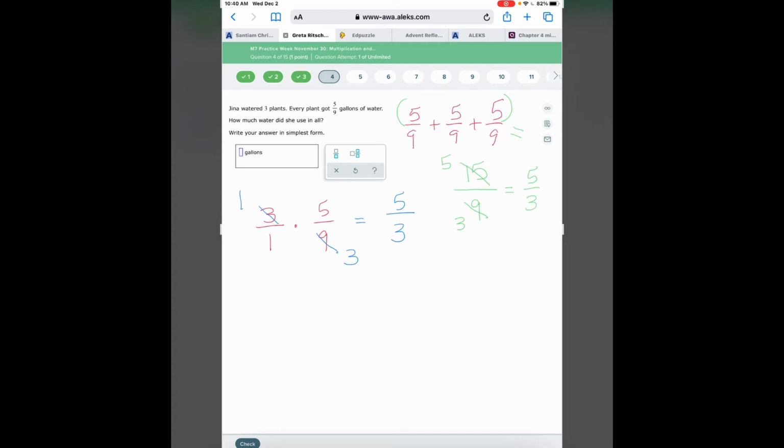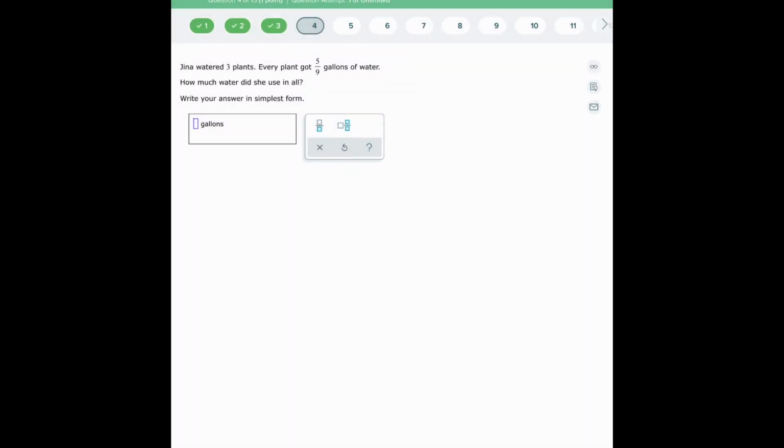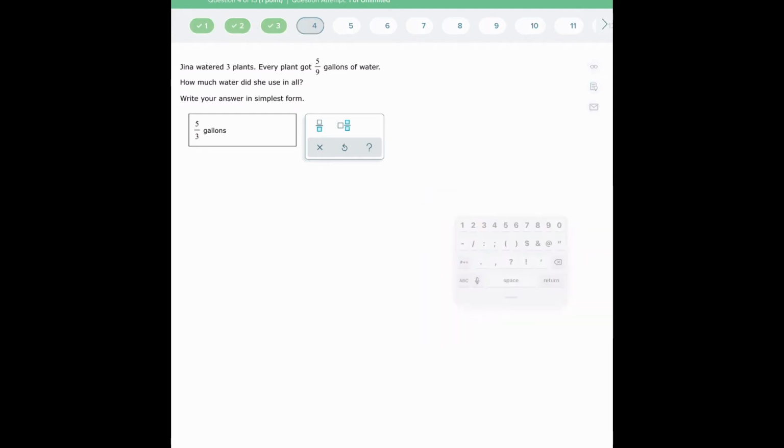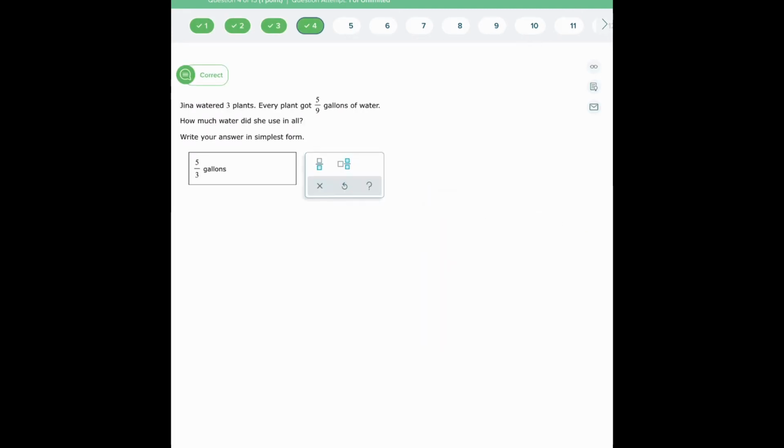Multiplication is just a way of shortcutting our addition. So our answer is 5/3 gallons, which we can see is 1 2/3 gallons if we made it into a mixed number, which is probably unnecessary in this case.